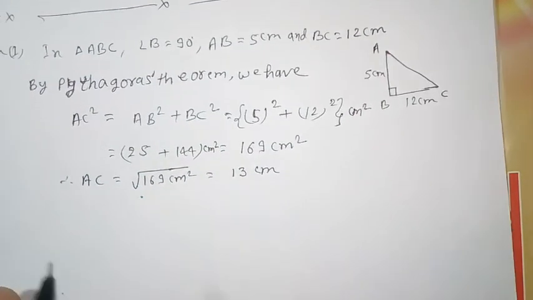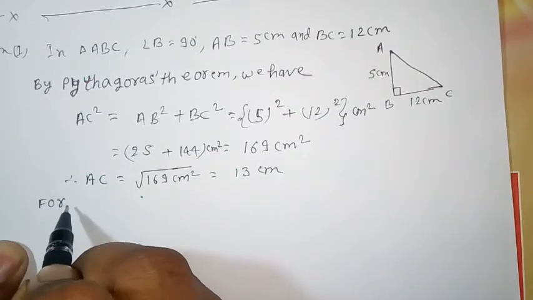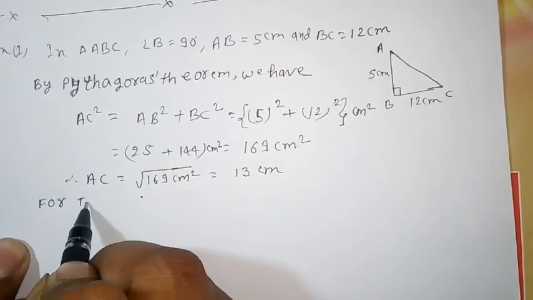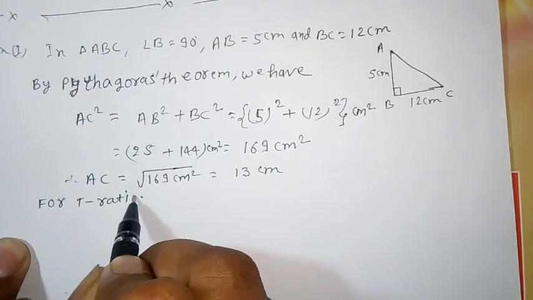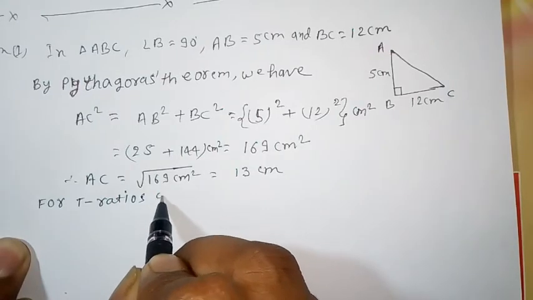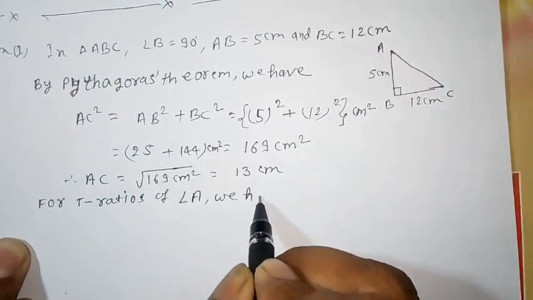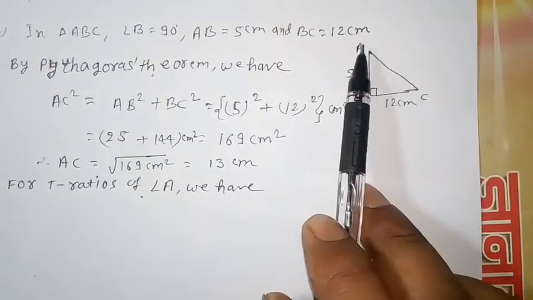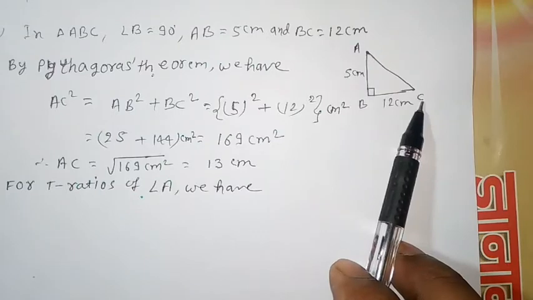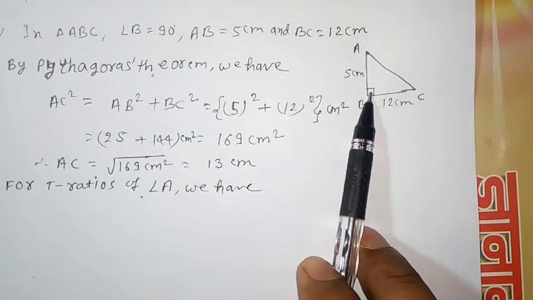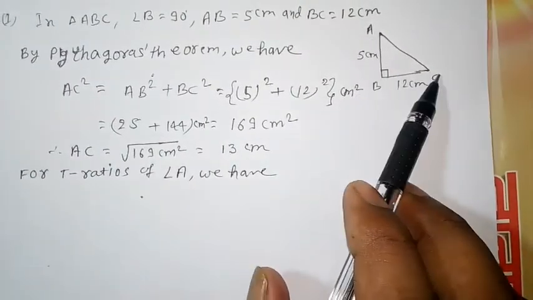Now, for trigonometry ratio of angle A, we have for angle A, BC is perpendicular, AB is base, okay, and hypotenuse is AC.